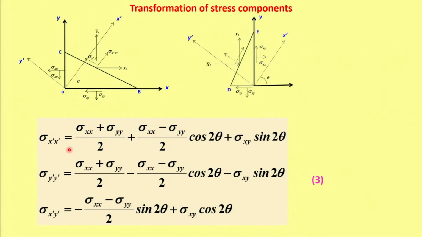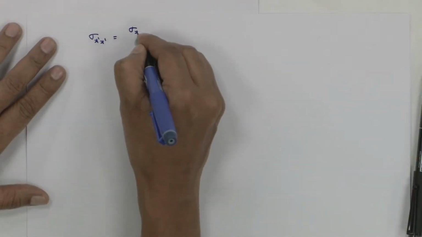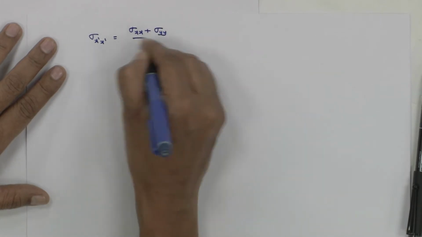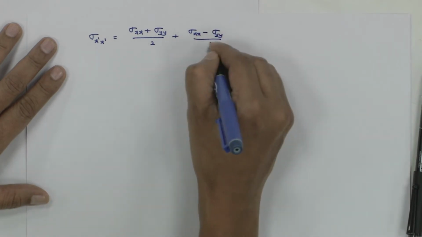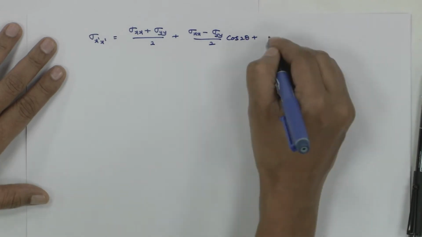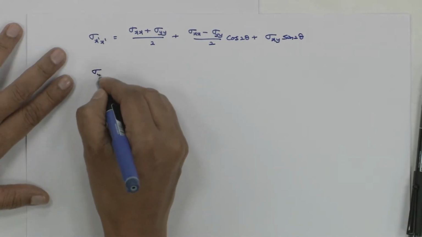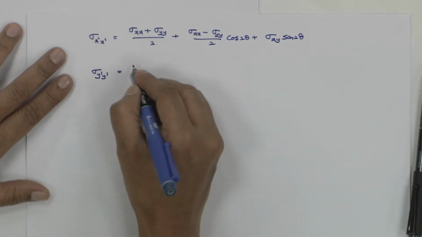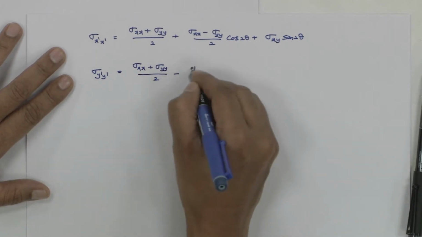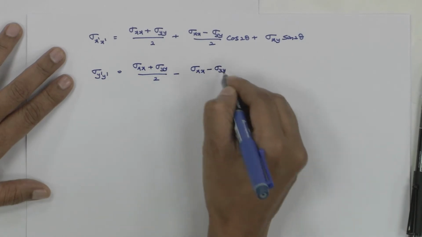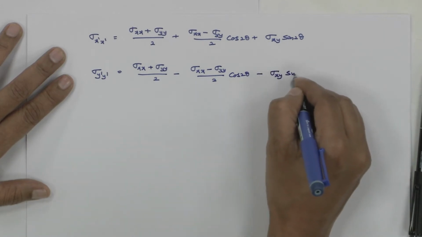That is, I write sigma x prime is equal to sigma xx plus sigma yy by 2 plus sigma xx minus sigma yy by 2 cos 2 theta plus sigma xy sin 2 theta, and again sigma y prime is equal to sigma xx plus sigma yy by 2 minus sigma xx minus sigma yy by 2 cos 2 theta minus sigma xy sin 2 theta.